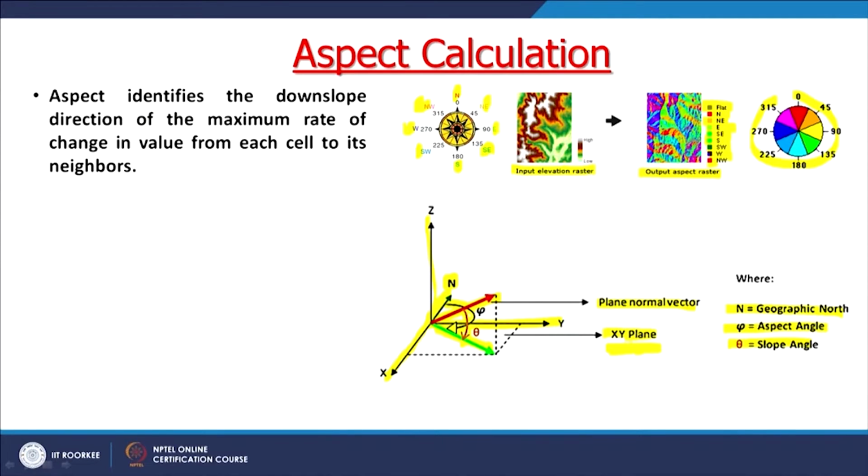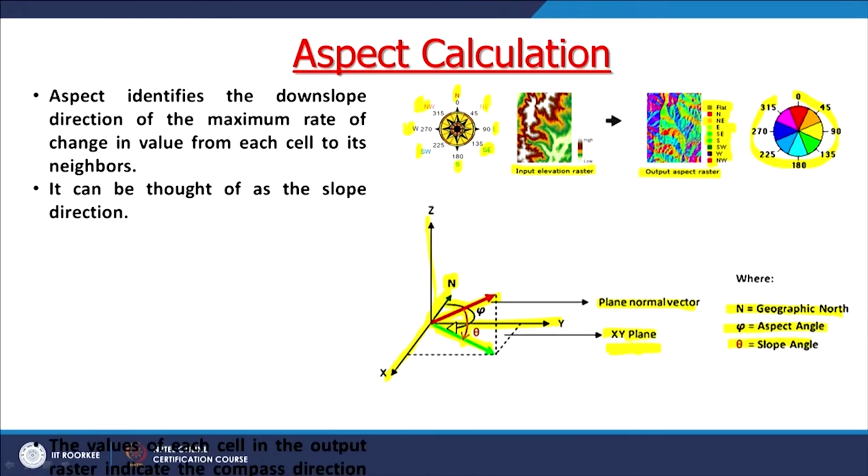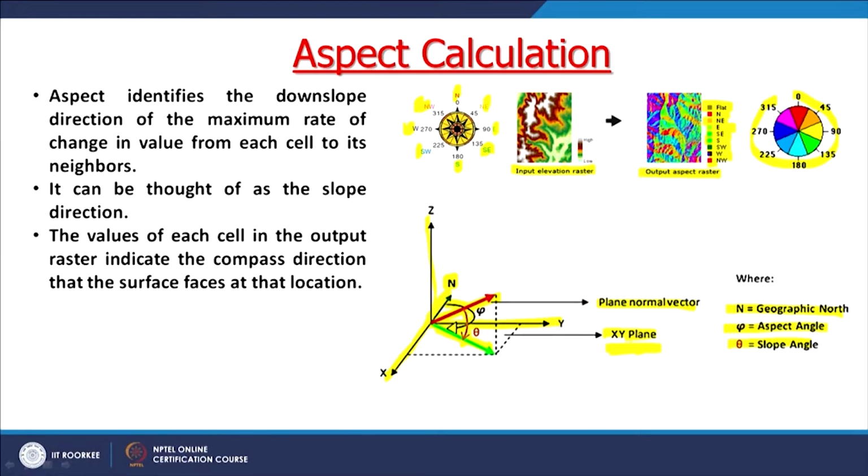So, with reference to north, whatever the direction is projected on the flat plane, the value is decided as whichever direction out of 8 directions, or maybe flat also. It can be thought of as a direction of slope. Slope you get in degrees or in percentage, but here it is the direction for the aspect.